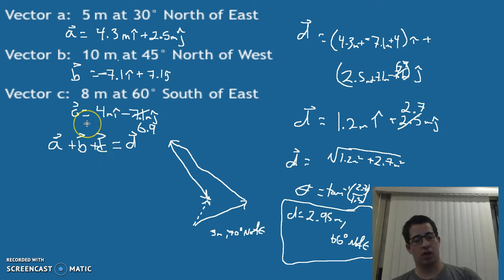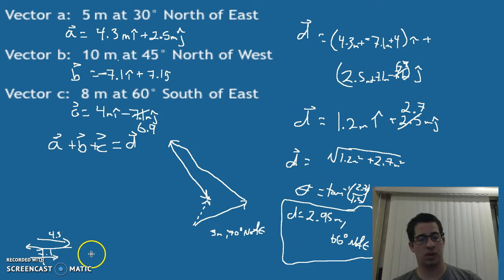Okay, so if we were to draw this out, it would look something like this. We go 4.3, then 7.1, and then 4, and that would be for x. And then for y, it's going to be something like, and I'll do it over here so it doesn't get too confusing, 2.5, and then 7.1, and then 6.9.